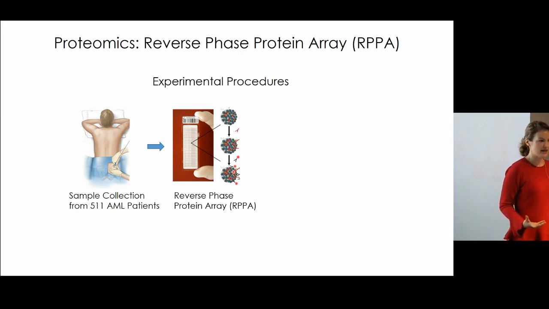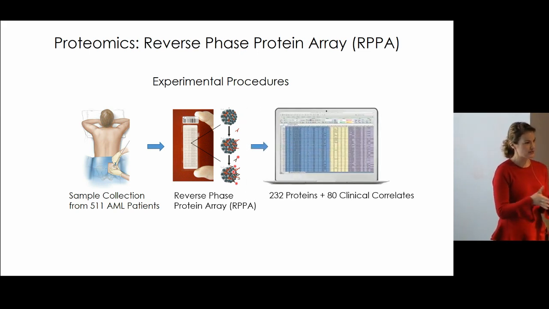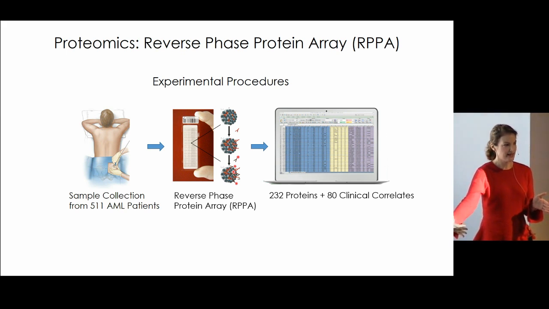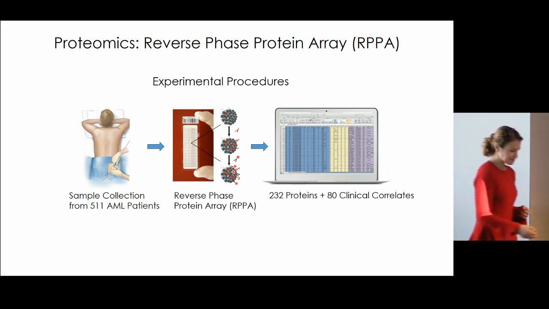It's a dual antibody-based method, and the outcome is expression levels for 232 proteins, including some of the phosphoproteins and their main protein. We also get 80 clinical covariates. Those are things like age, whether somebody had a prior malignancy, or whether they had an infection.